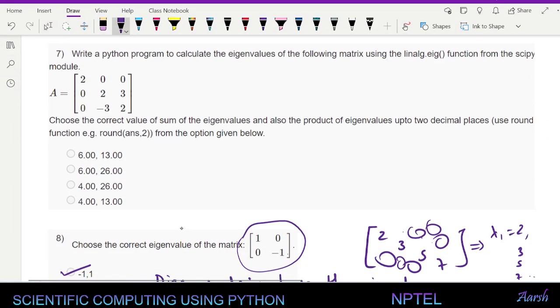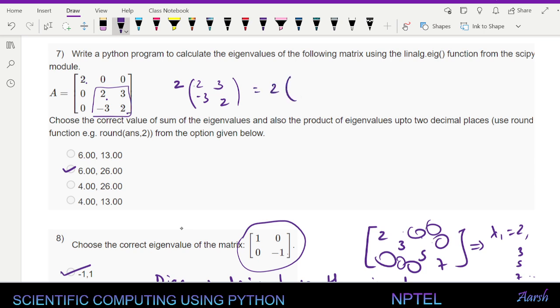So the sum of eigenvalues was 4, no, sorry, 6. It's the trace, right? So the sum of diagonal elements, 2 plus 2 plus 2, 6, and the determinant is, well, it's a block diagonal, right? So it's going to be 2 times the determinant of 2, 3, minus 3, 2.